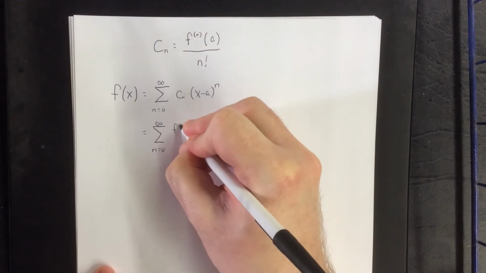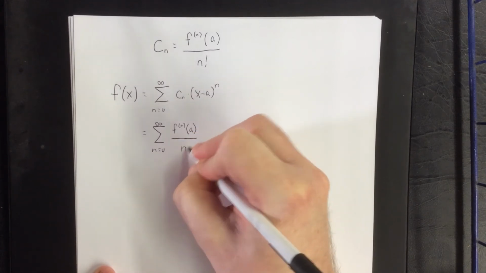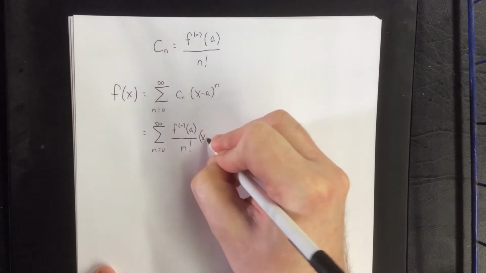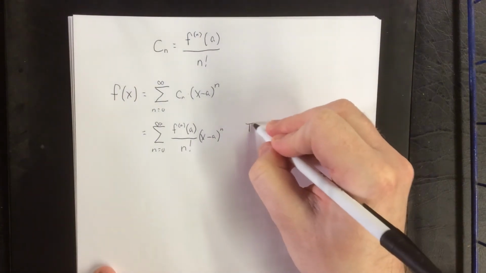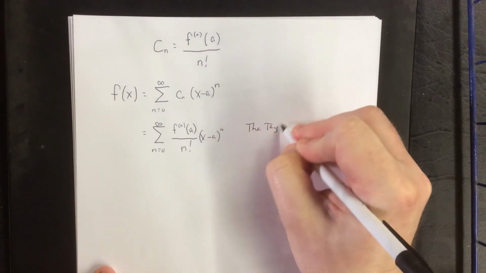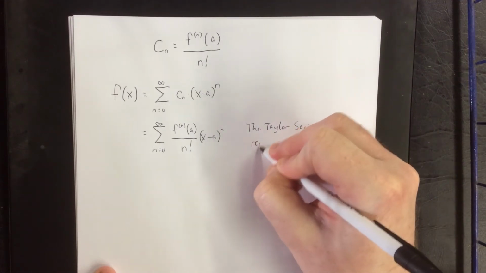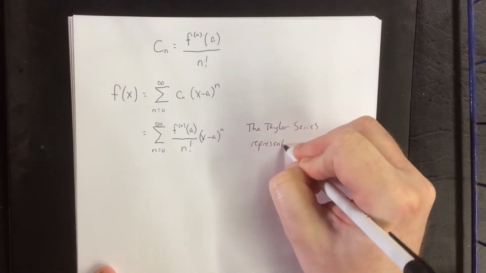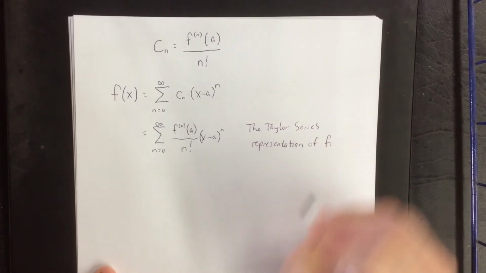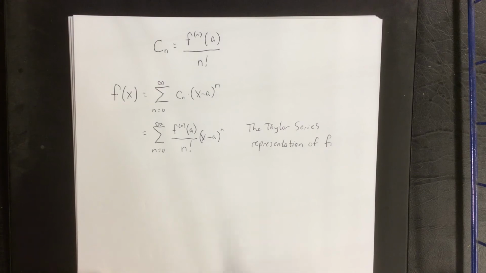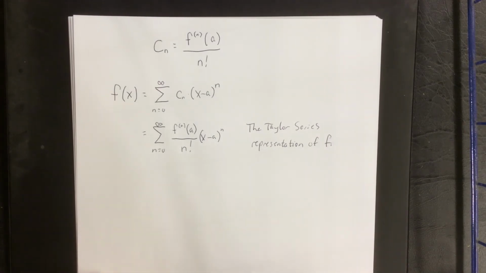This will be the sum of the nth derivative of f evaluated at a divided by n factorial times x minus a raised to the nth power. This is called the Taylor series representation of a function f. A Taylor series is simply a specific kind of power series.